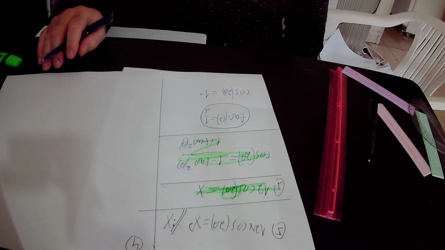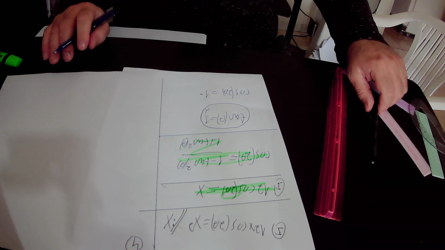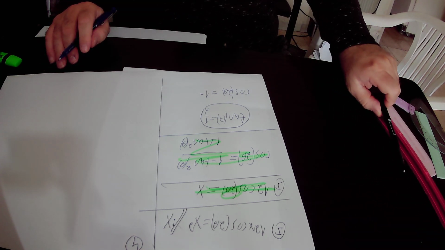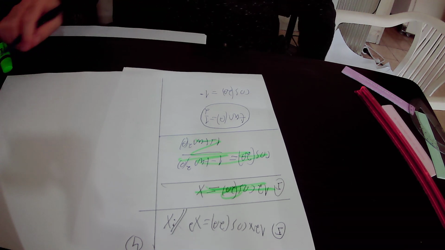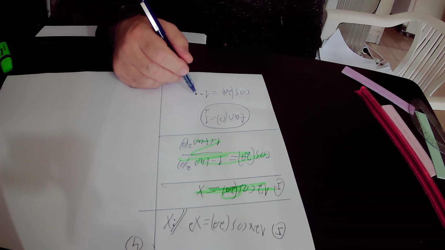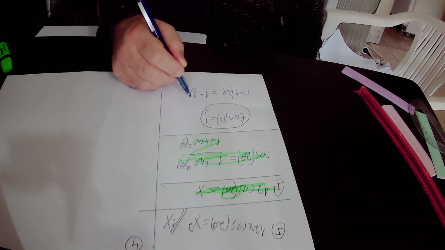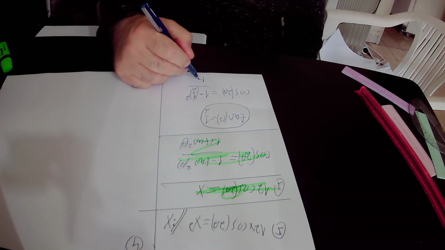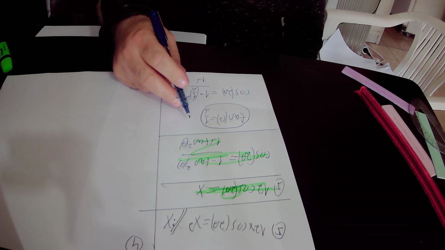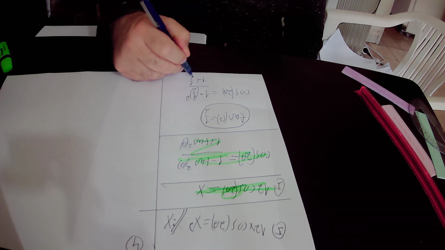Tangent theta equals 1 half, which means that tangent square theta will be equal to 1 half squared.